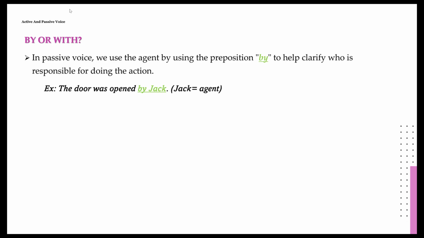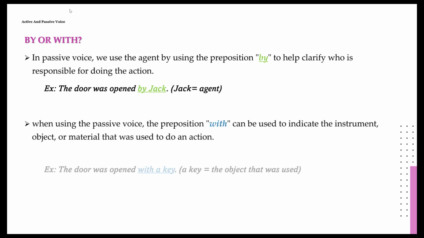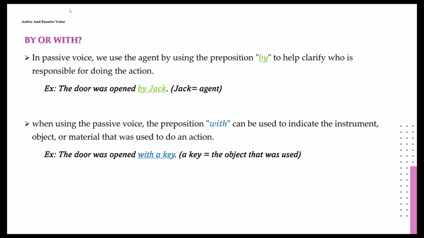In this example, Jack is the agent. The preposition with can be used to indicate the instrument, object, or material that was used to do an action in passive voice sentence. For example, the door was opened with a key. A key is the object that was used.